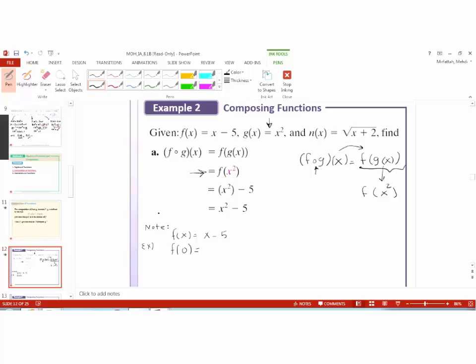So if f of x equals x minus 5, explain how you find f of 0 and tell me what the answer would be. You plug in 0 for x. Okay, plug 0 for x, you substitute that. If we replace x, what do you get then? That would be equal to what? Negative 5, minus 5. Very good.